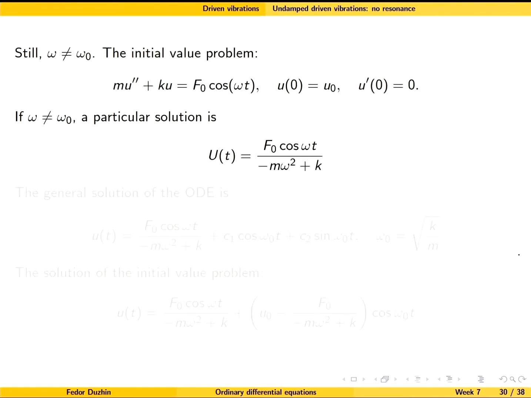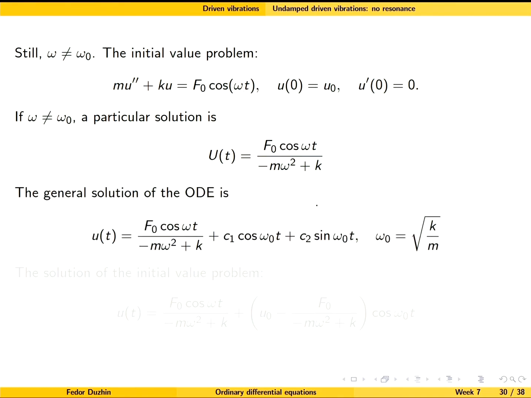Note that this is not going to work if omega equals omega naught. Why? Because if omega equals omega naught, then the denominator here is going to become 0, and then this formula does not work.